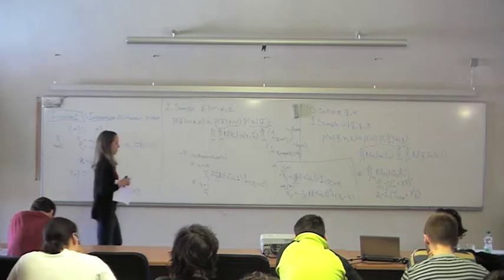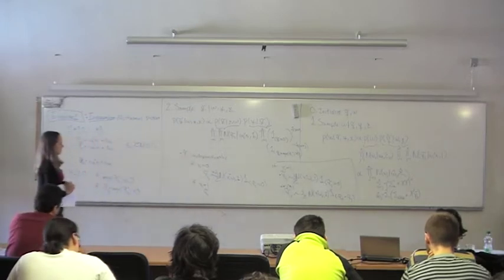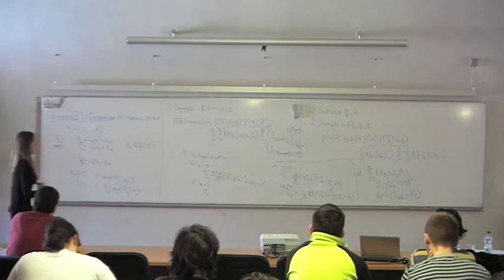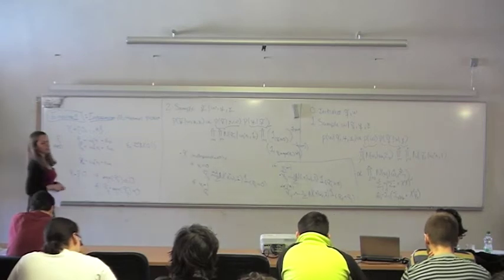Okay. And so that's the Gibbs sampler for the independent multinomial prior.